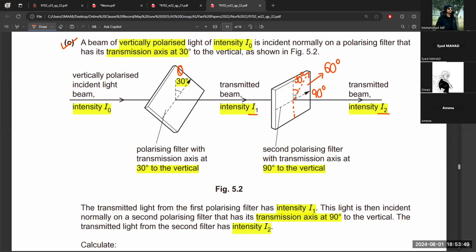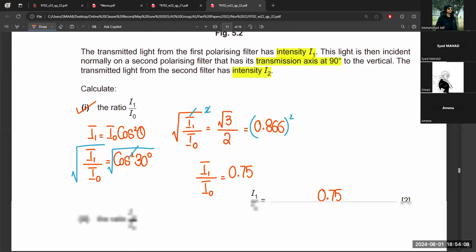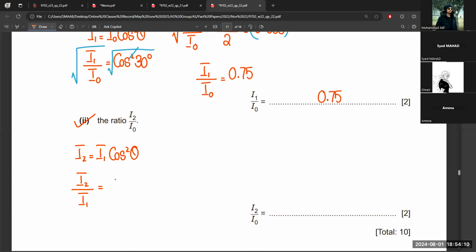So it means the difference of angle between first and second filter is 60 degrees, right? First one is at 30, second one is at 90. So the difference between these two is 60, right? So we will use 60.